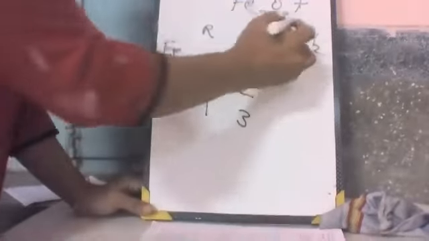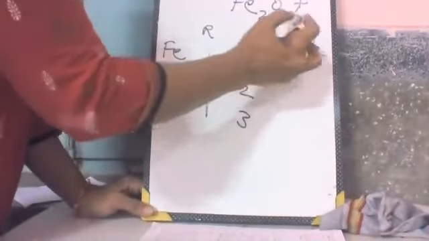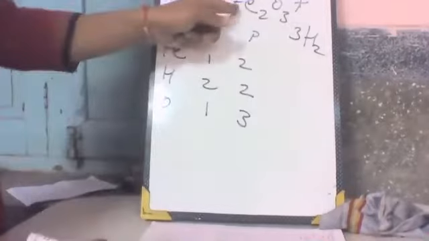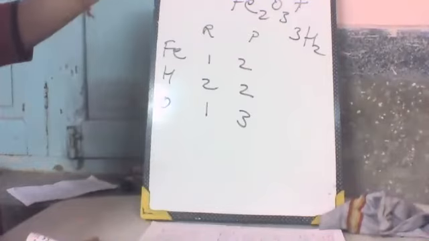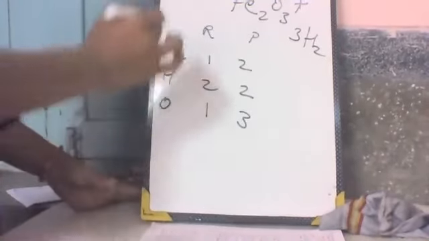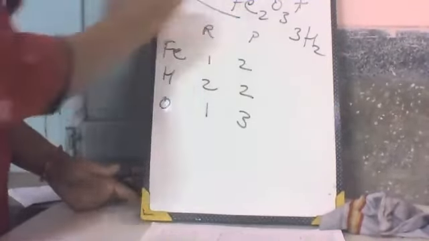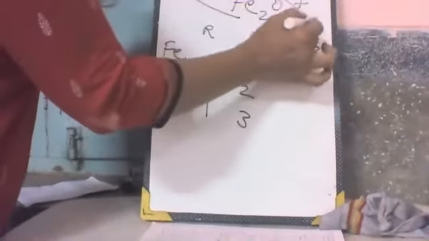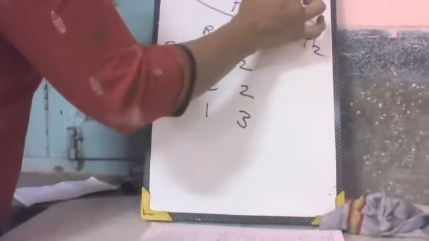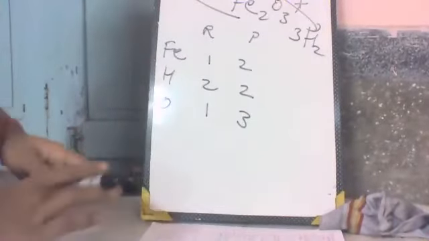For this, we put 3 here, and from this it is 6 oxygen, and due to this it is 3 and 2. Now the atoms before the reaction and after the reaction are the same: 2 atoms of iron, 6 atoms of hydrogen and 3 atoms of oxygen. This is the method of balancing an equation.